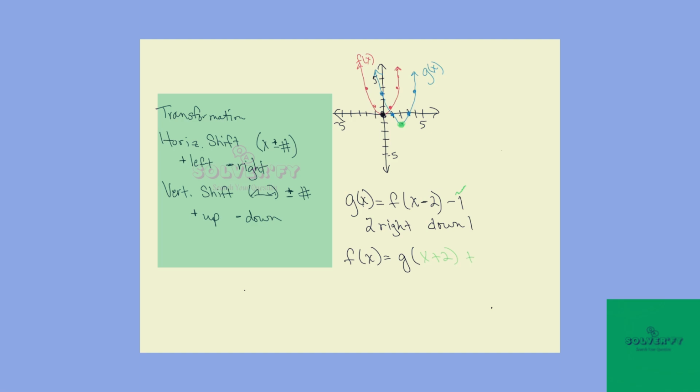And then I have to go up 1. And that's how you use transformations. Okay, this one went 2 to the left and up 1. That's how you use transformations to write functions in terms of other functions.